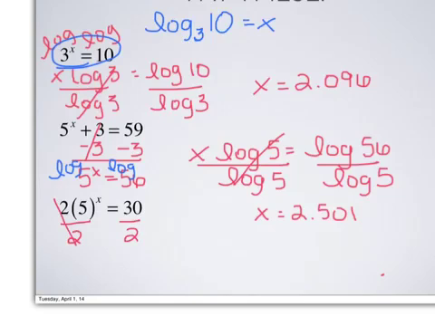So now you have 5 to the power of x equals 15. And now I would take the log of both sides.